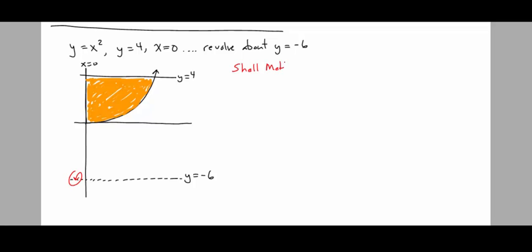Now remember, always write out after you have your picture what method you're using and tell what your rectangles are doing. With the shell method, the rectangles are parallel to the axis of rotation.